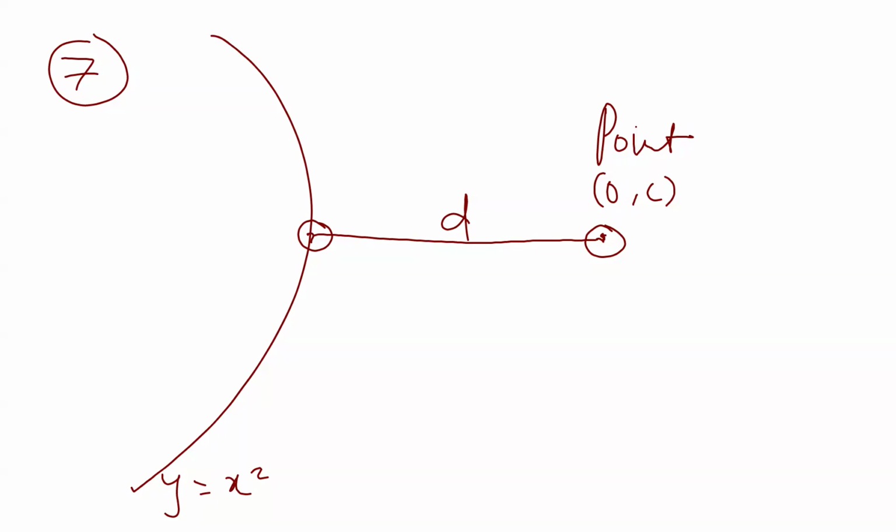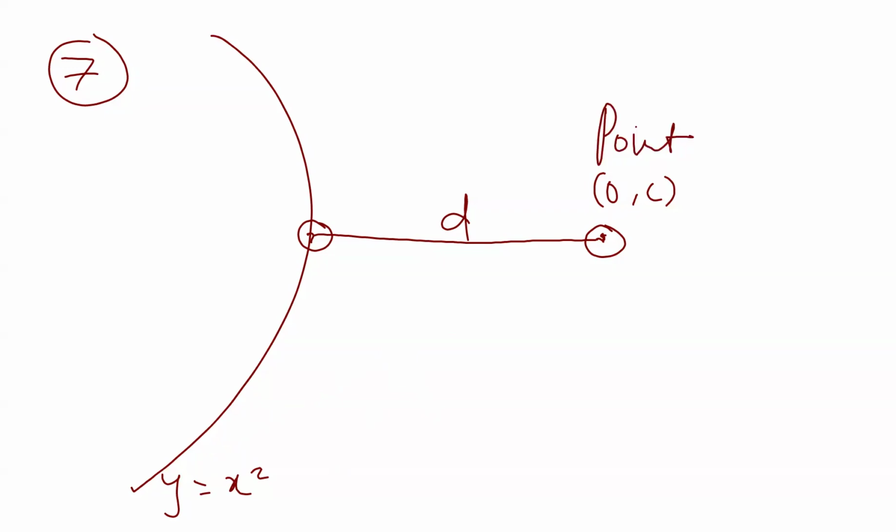The distance between the point and the curve, d, should be small. D can be large also. See, this also can be d, but we cannot take this distance as d because it will not be shortest. We have to find out the shortest distance.